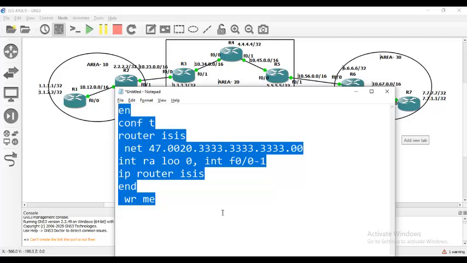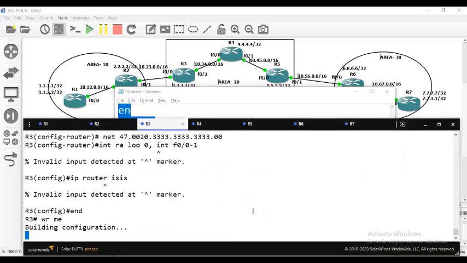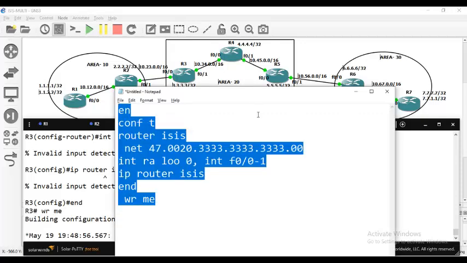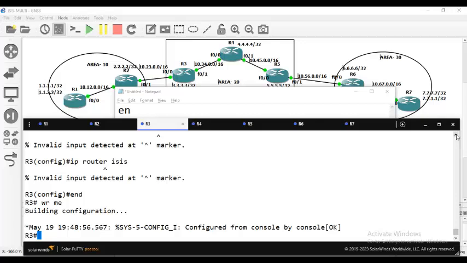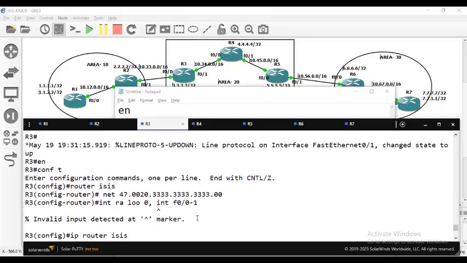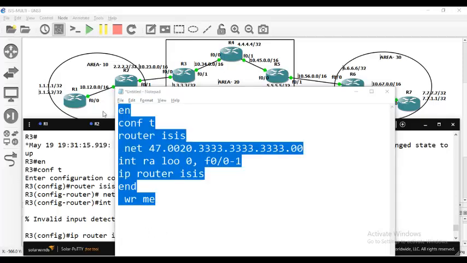Oh, I no need to type int again. Likewise R4, same area. Paste. R5.